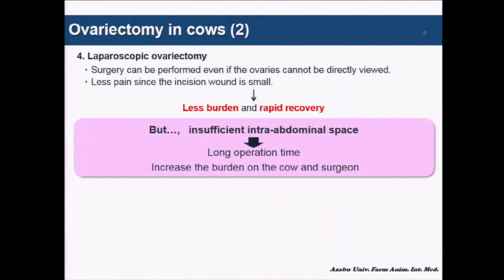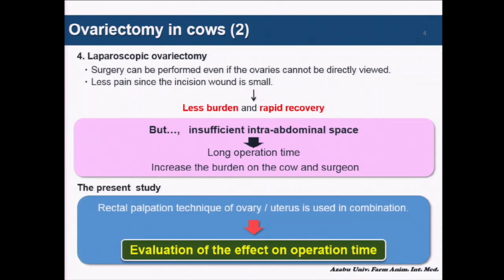However, with over-fatting, over-condition, or insufficient fasting, it is impossible to secure sufficient intra-abdominal space. Therefore, the operating time is prolonged, increasing the burden on the cow and the surgeon. So the aim of this study was to examine how the time required to complete the ovariectomy is affected when the typical laparoscopic ovariectomy is combined with transrectal guidance of the ovaries.